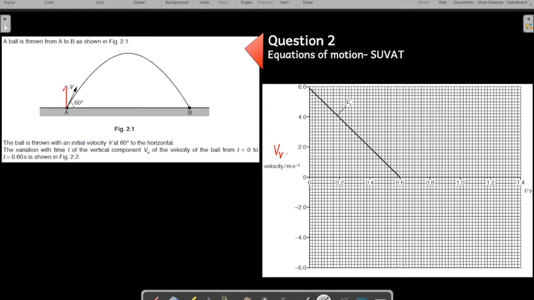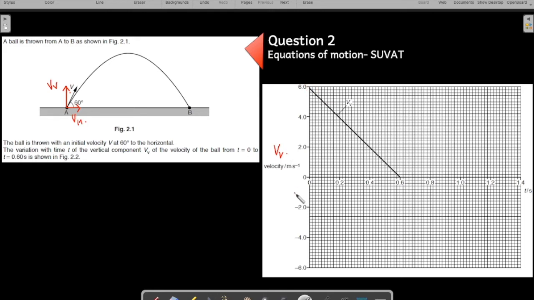Any velocity which is at an angle can be resolved into a vertical component and a horizontal component, like this. So the velocity time graph given here is only for the vertical component.